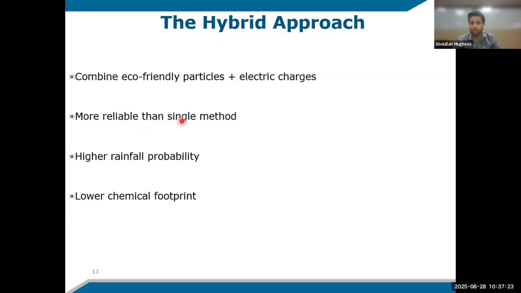Okay, it is more reliable than the single method. If the single method is that you only give the electric shock or you only give the chemical to the cloud, and if you use both of them, then yeah, it's more reliable. And we have high rainfall probability. And since we're going to use electrical charges, we will have a lower chemical footprint.